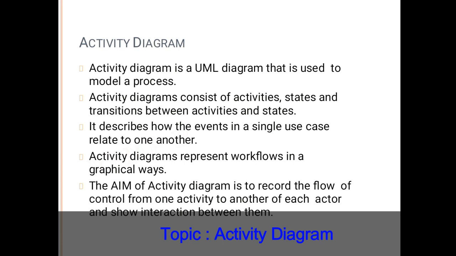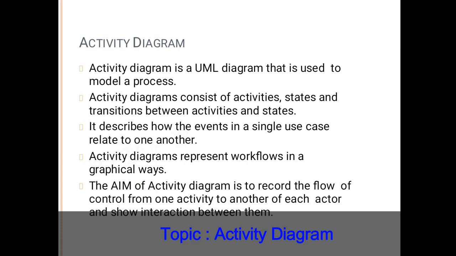Here it describes how the events in a single use case relate to one another. Activity diagrams represent workflows in a graphical way. The most important thing about an activity diagram is that it represents workflow.